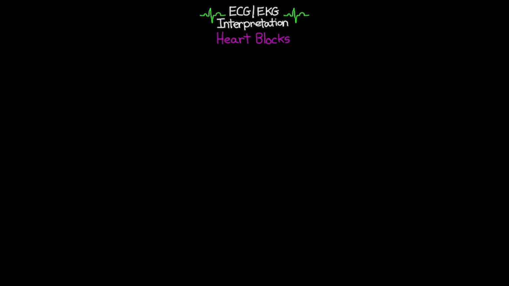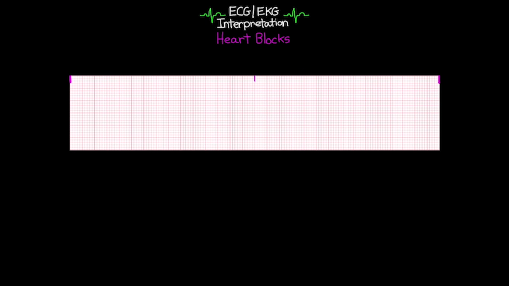But moving on from there, we're going to go ahead and bring up again our 6-second strip for our EKG paper. And for these last remaining heart blocks, we're going to give you examples on here, just like we did in the previous lesson. And so now these blocks that we're going to talk about fall within a category of what we call our AV blocks.